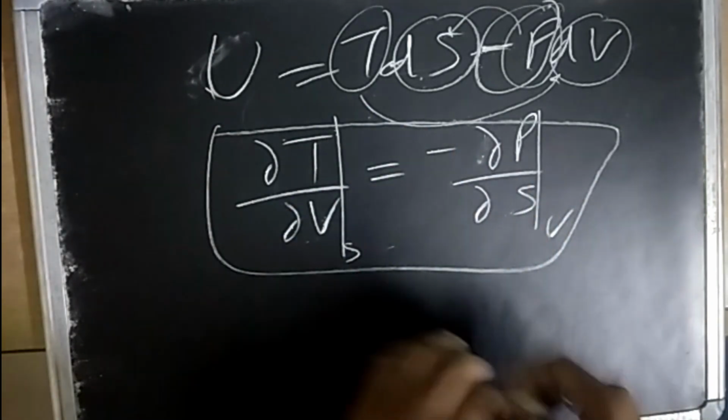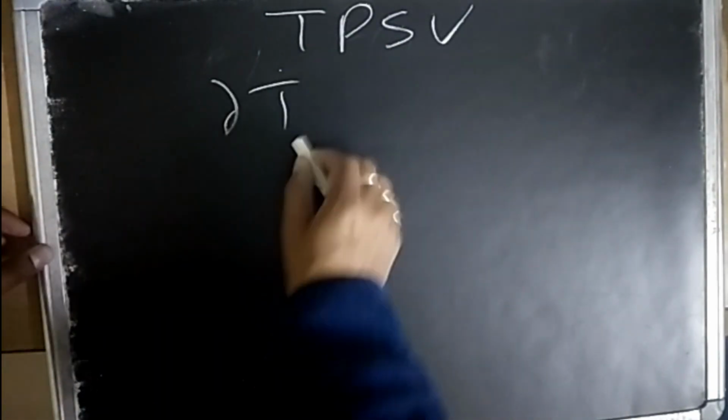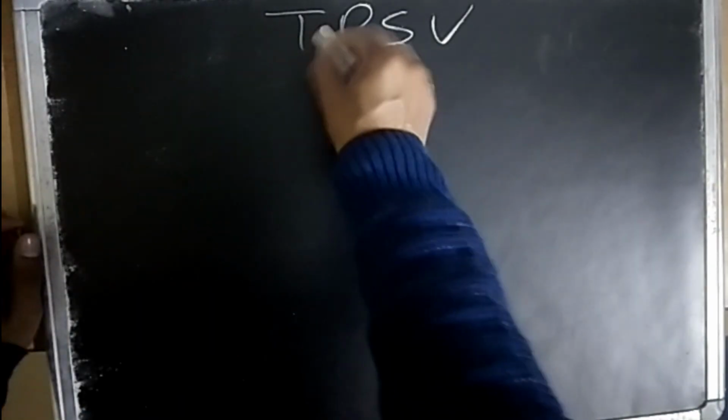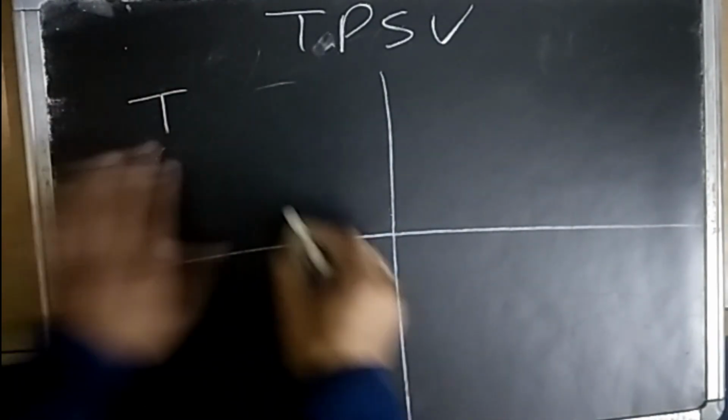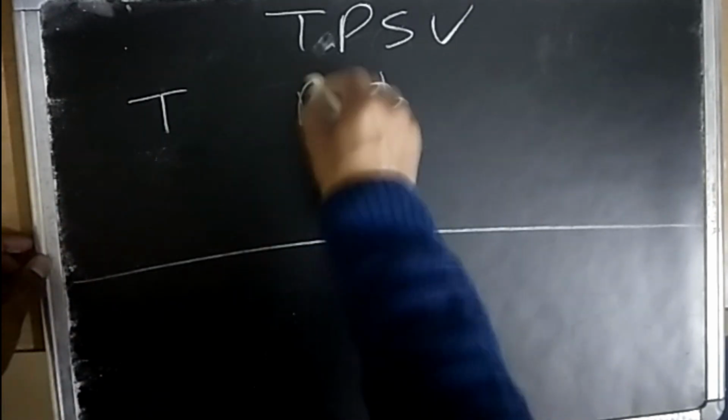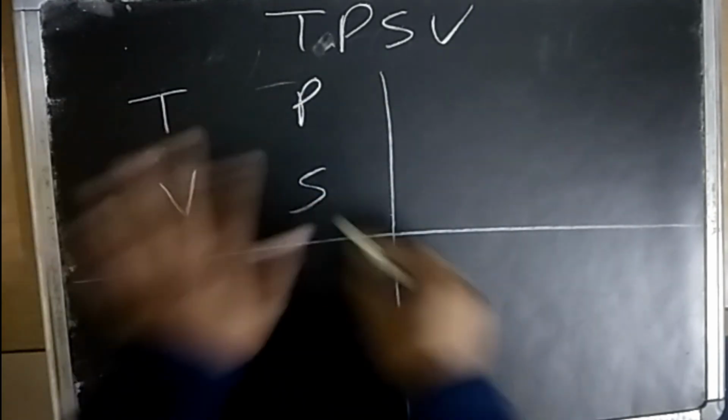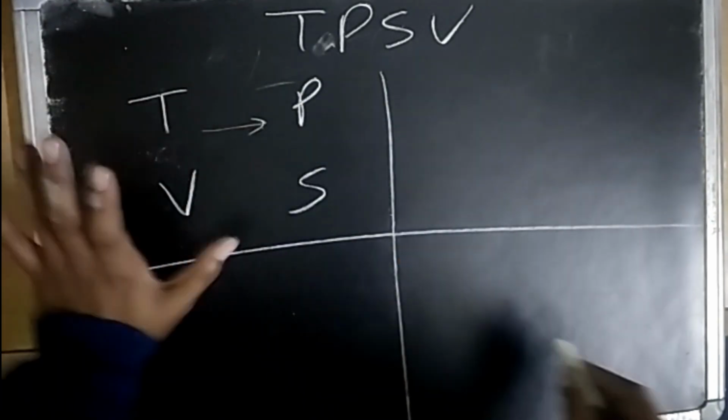Now one way to remember all the Maxwell relations, either you can just find them out, but one way is to remember this: TAPASV. Let me make 4 blocks, T P S V. First is T here, then P S V. First horizontal and T above.